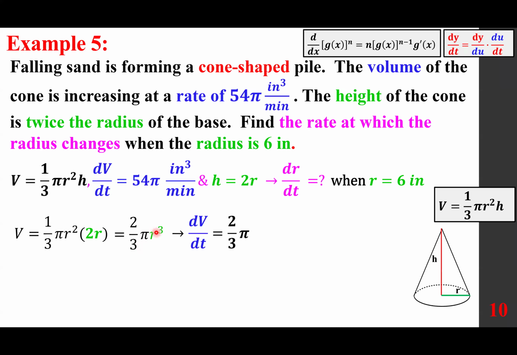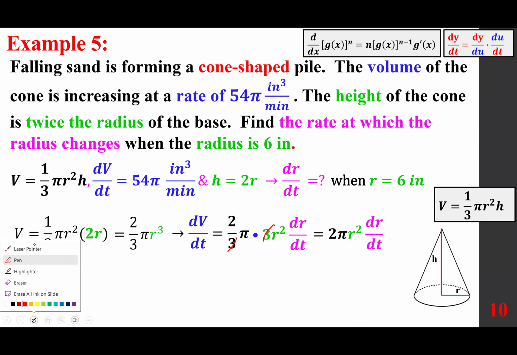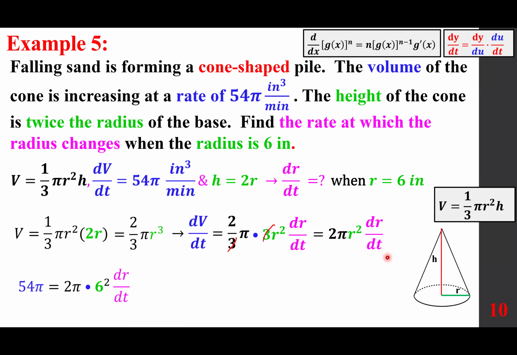And then r cubed differentiated, 3r squared dr/dt. Two pi r squared dr/dt. We can plug in, or we can solve for dr/dt, makes no difference. We are going to replace dV/dt with 54 pi, 2 pi, or we replace it with 6, dr/dt will be found.